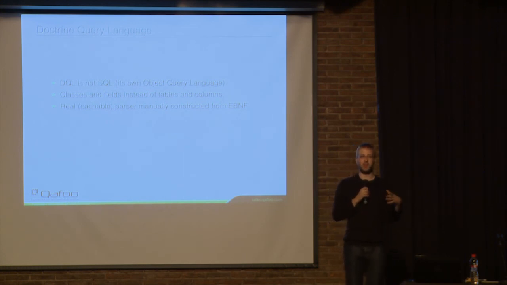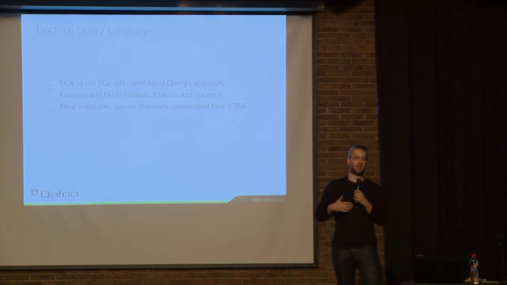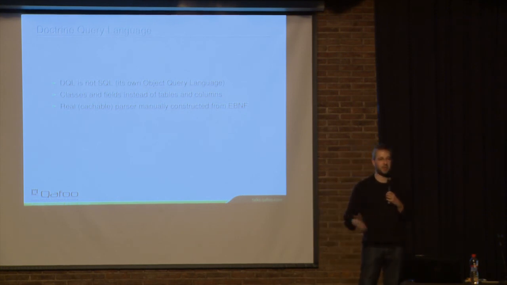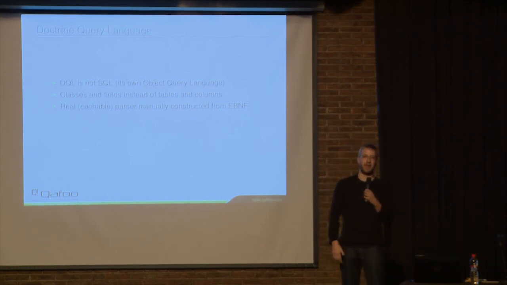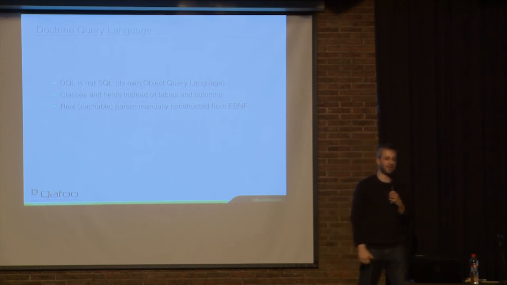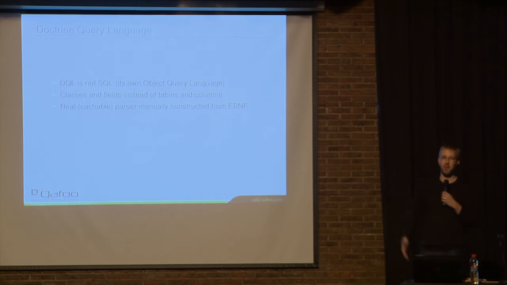Because otherwise you would have a parser inside your PHP process for every request all the time. And if these were complex queries you're executing, then the parsing process obviously is also complex and takes lots of time. And you don't want to do this because it makes the site slower. So we designed it in a way where it's completely cacheable.